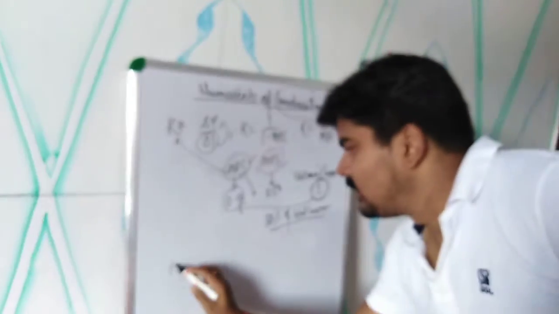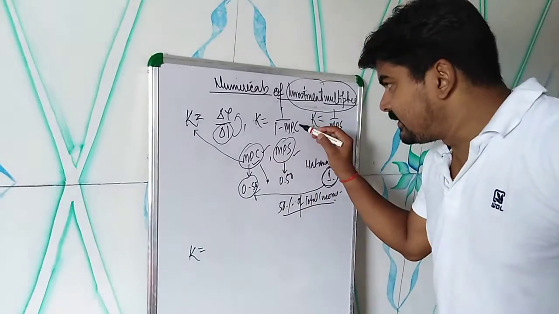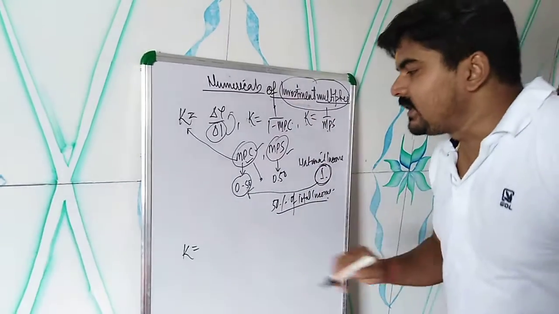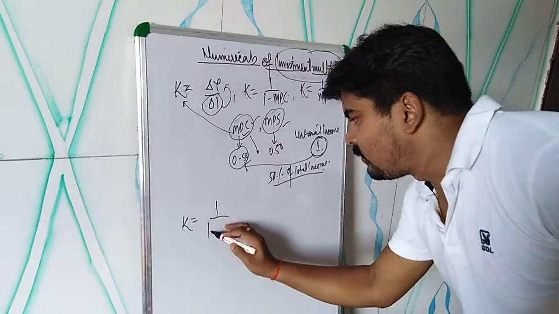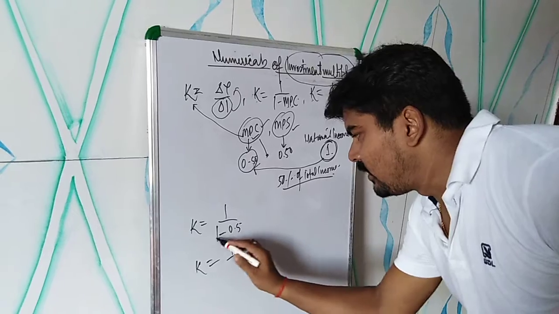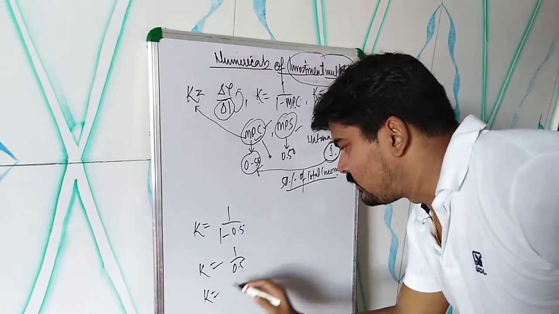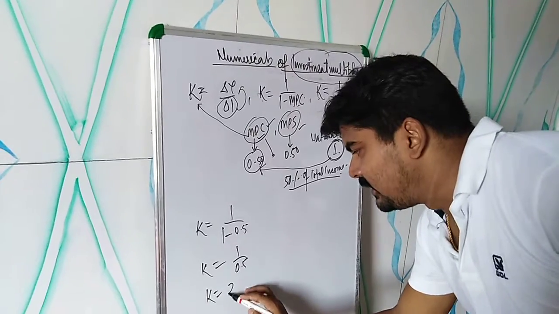So by putting the value of this MPC in the second formula, we can get the multiplier. So K is equal to 1 upon 1 minus 0.5. If we simplify, 1 minus 0.5 is 0.5, so K is equal to 2.